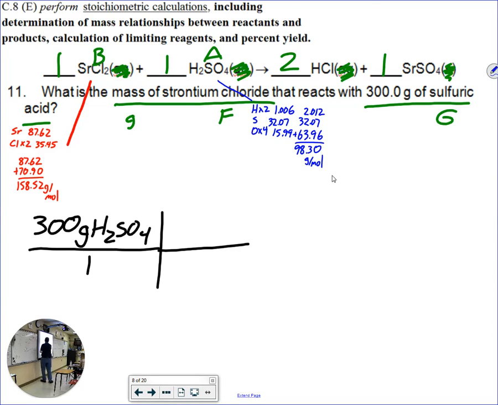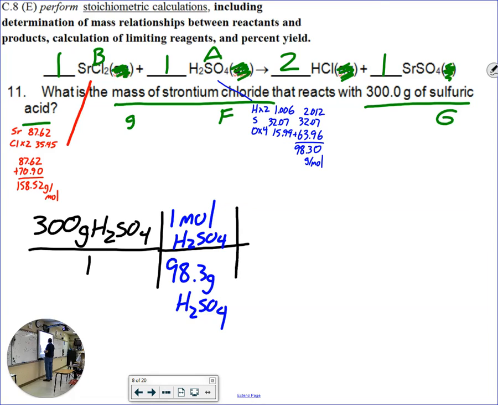So what goes on the bottom? Okay, so how many grams? From my blue, 98.3 grams H2SO4 and 1 mole H2SO4. Okay, so at that point I've got moles of H2SO4.